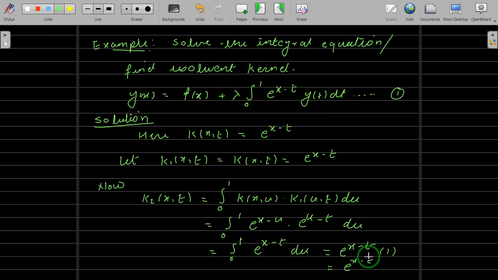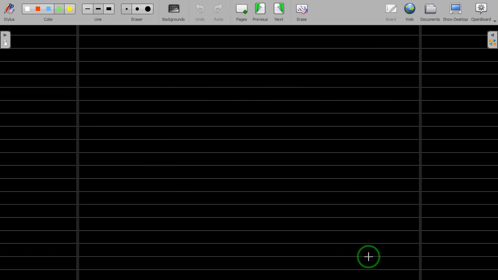So based on k2, again we have to find k3. So k3(x, t) is equal to integral 0 to 1 of k(x, u) k2(u, t) du.